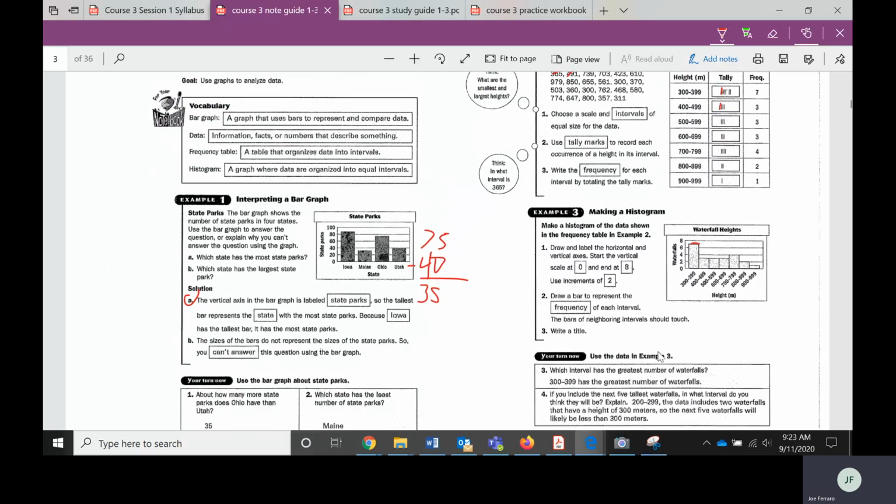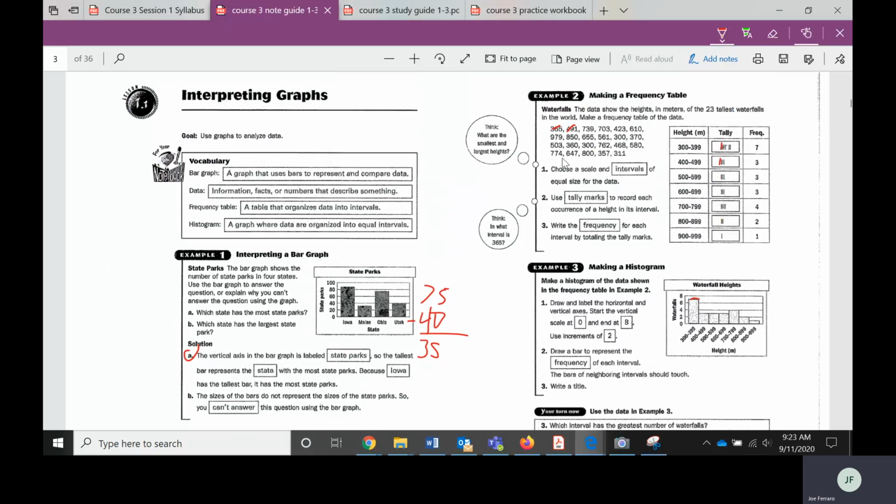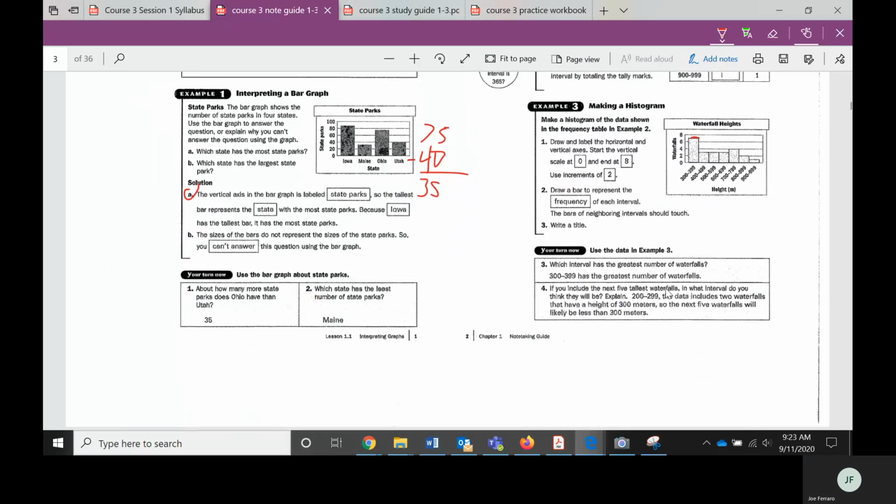Oh, I get what they're saying. This was the top 23. Now if they included 28, which means they're going farther down the list, the lowest one right now is 300. So the next 5 tallest would be under 300, which means they'd be in the 200s.